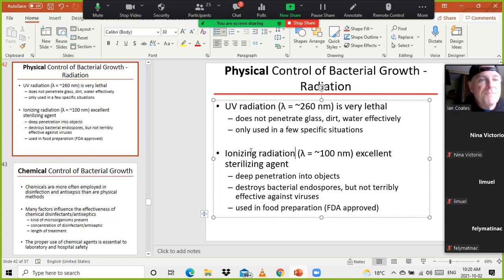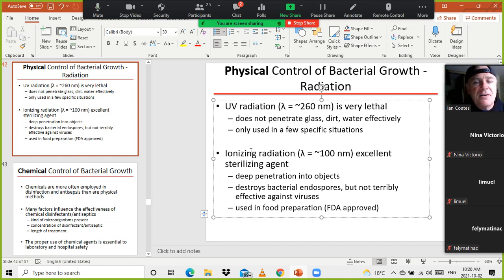So the smaller the wavelength, generally the more powerful the radiation is. We're not going to get too technical here, but just trust me, the smaller the wavelength, the more powerful the wave is.